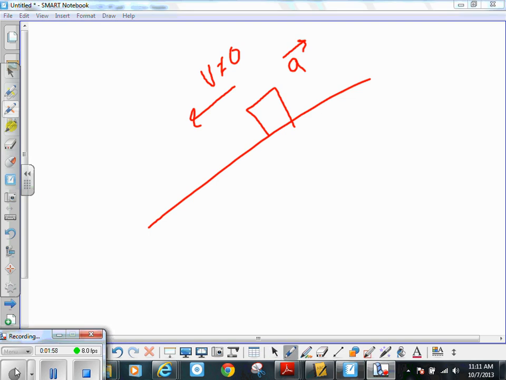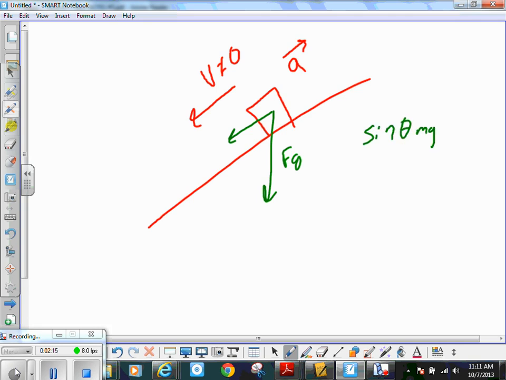Okay, well, we know that there's the force of gravity, right? But when we do our summation of forces, we're talking about the parallel forces, or the ones that are in the same line. So the part of gravity that's down the ramp here would be sine theta mg, okay?